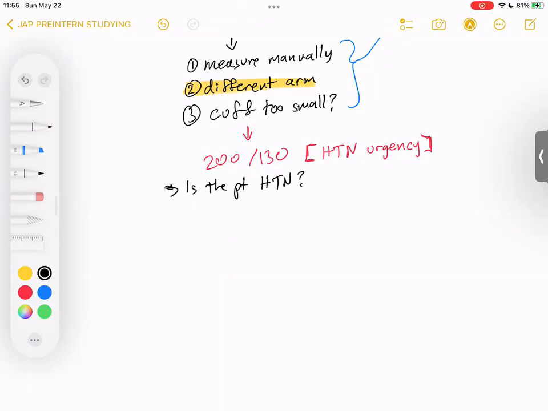Does he have a history of hypertension, okay? And if so, what's the baseline of the patient's blood pressure? That's really important. And then finally, what medications is he on and were they given today?